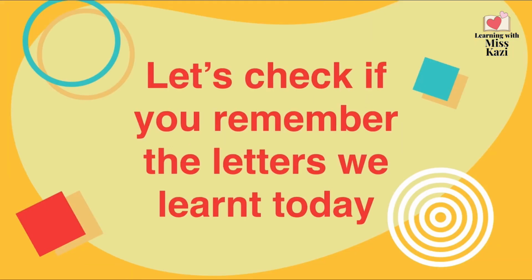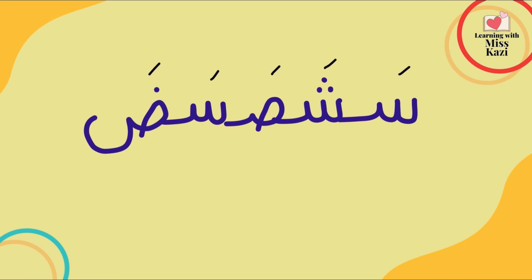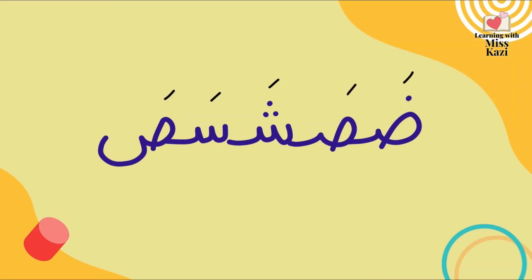Good. Let's check if you remember the letters we learned today. What letters did we learn today? Seen, Sheen, Saad, Daad. Sa, sha, saw, sa, da. Da, da.